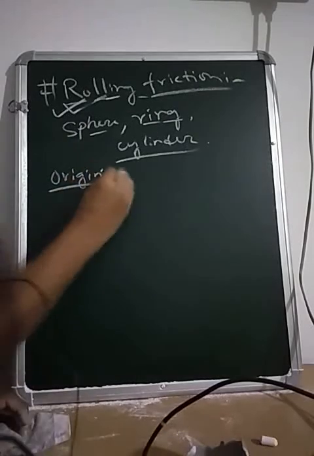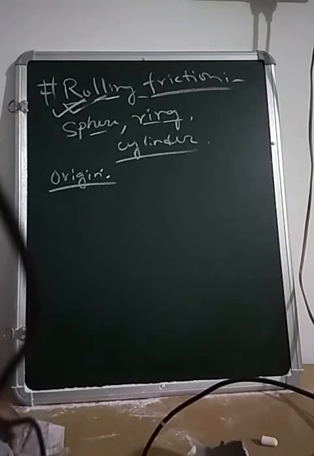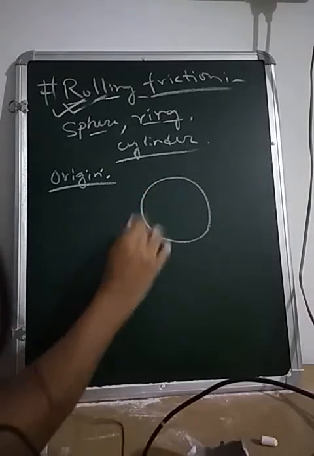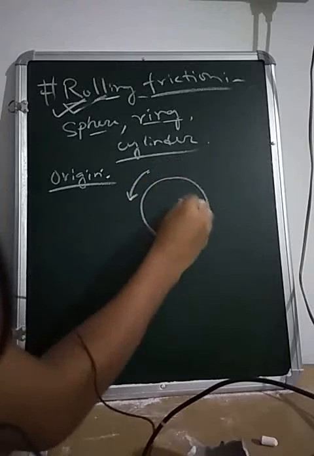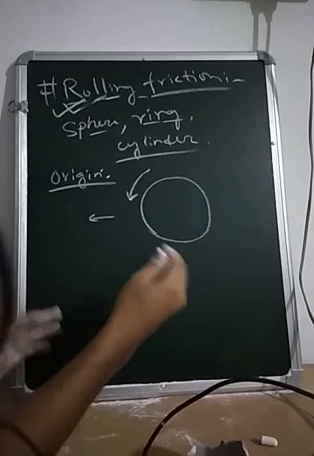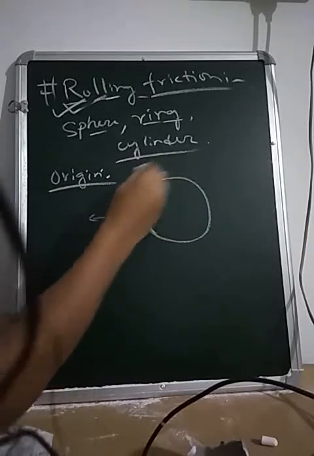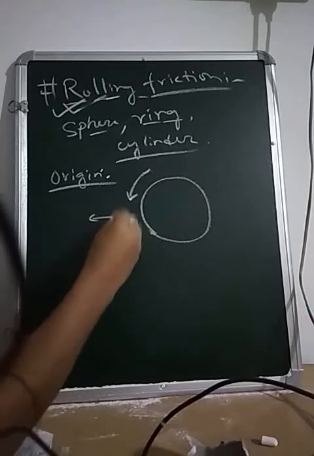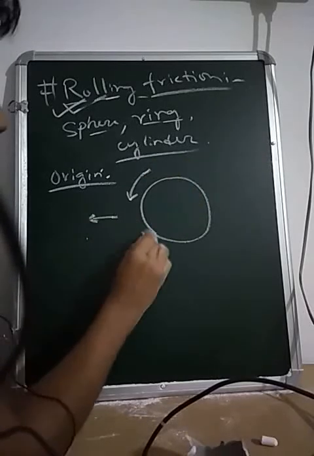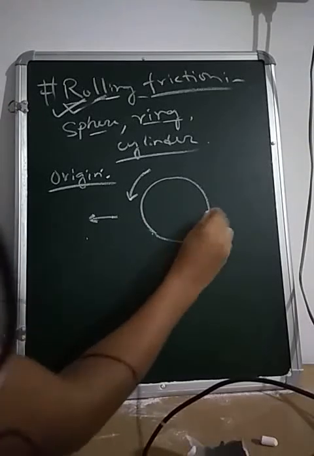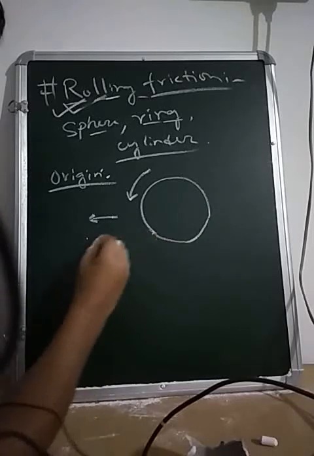Okay, so see, suppose I'm considering a wheel rolling in this direction, moving in an anti-clockwise direction. So what happens when a wheel, or a circular object like a sphere, rolls over a surface?